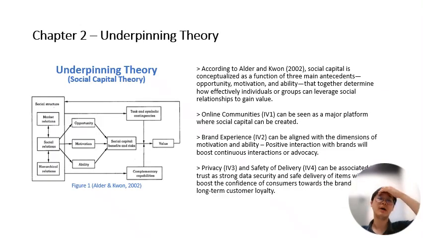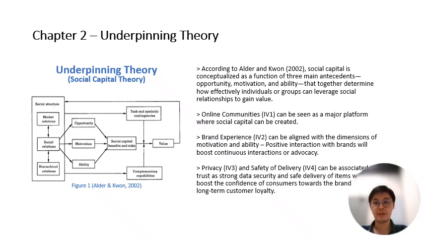Chapter 2, we'll be talking about the underpinning theory. The underpinning theory that we'll be using is social capital theory. All our IVs can be linked to it. For example, online communities can be seen as a platform where social capital can be created.